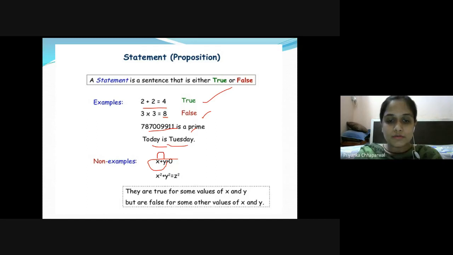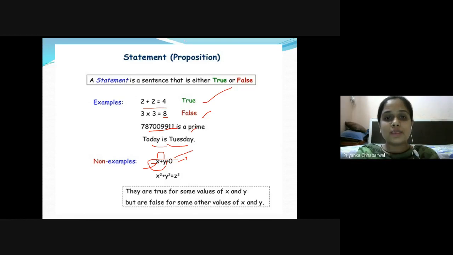If both values are negative, then this statement is false, and for other values it is true. So it is not an example of propositional logic, it is an example of predicate logic. They are true for some values of x and y, but false for some other values of x and y.